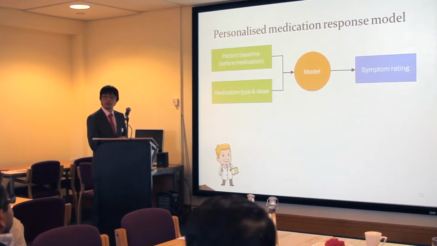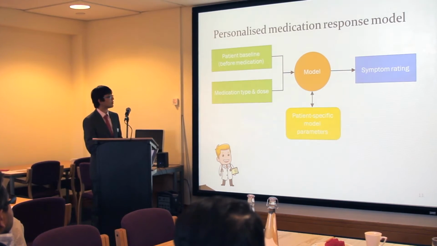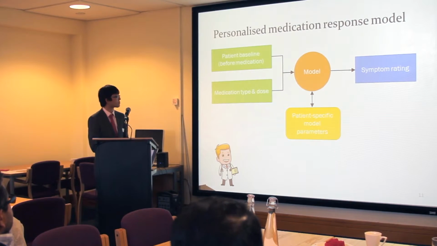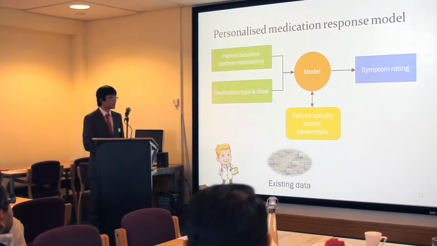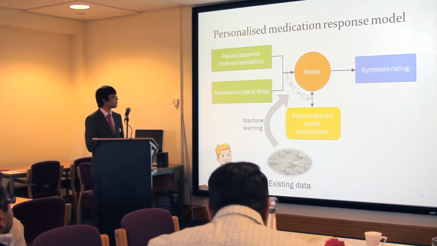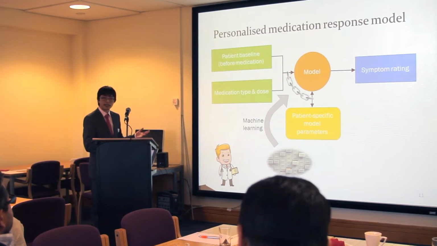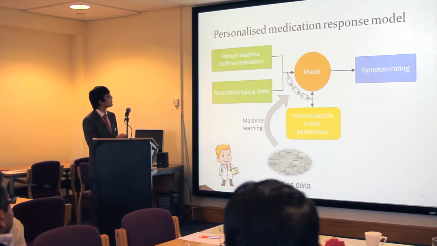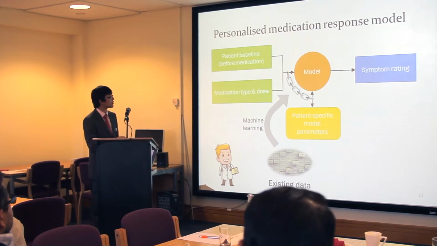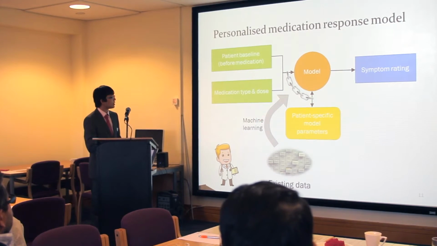I want to predict the symptom score for the patient, and to make this model personalized, I have to introduce some patient-specific model parameters. And the idea is we use existing data to forge a link between these parameters and data we can measure, using machine learning.